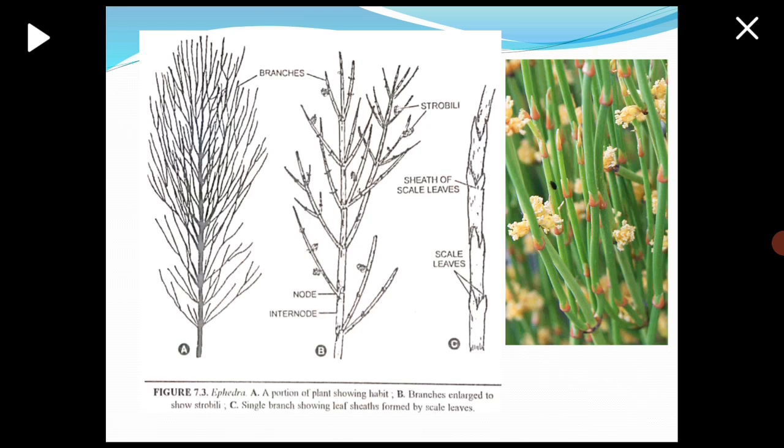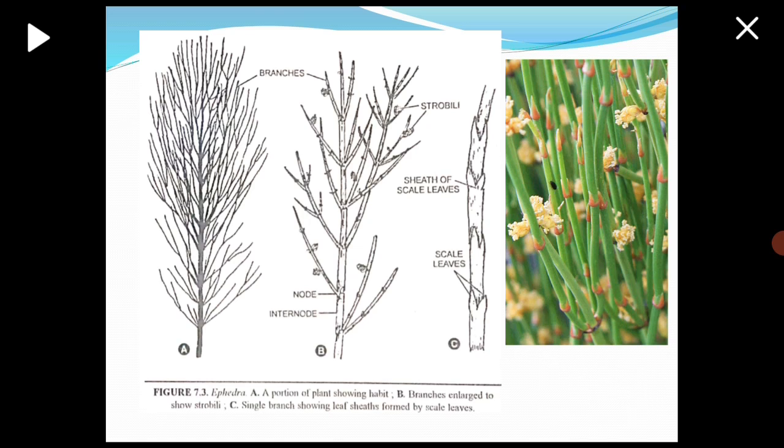The root is a long taproot, characteristic of xerophytes. Adventitious roots may arise in larger forms. Next, the stem. The stem in Ephedra is woody, jointed, and profusely branched.